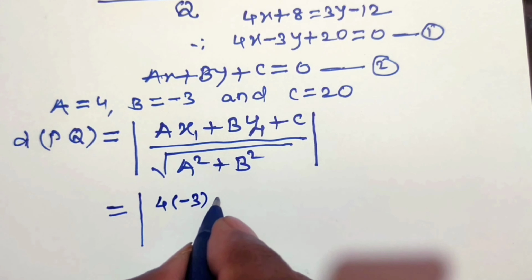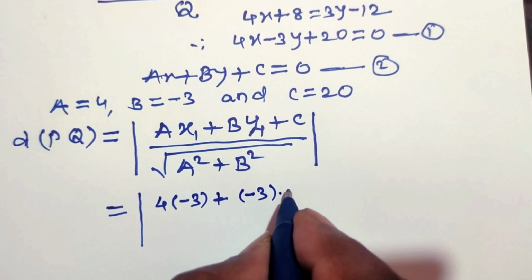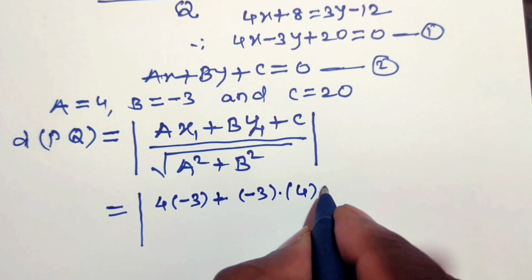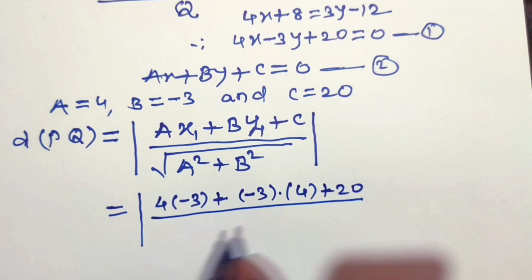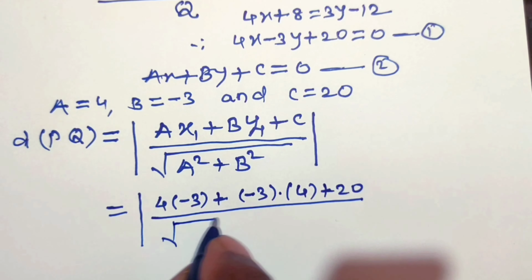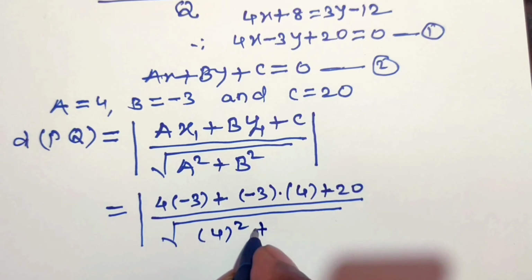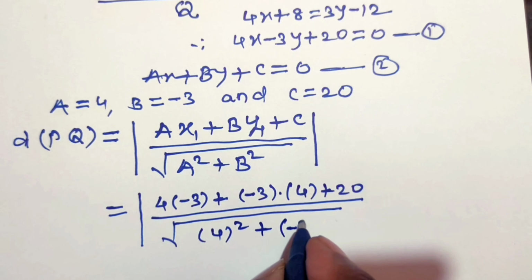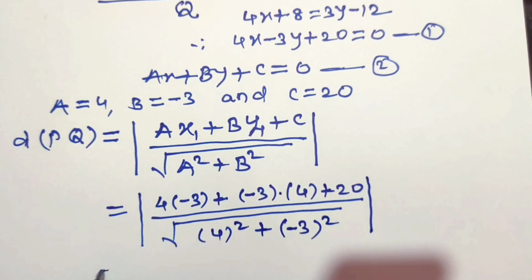Hence, distance PQ is equal to, in modulus sign, 4 into bracket minus 3 plus minus 3 into 4 plus constant 20, divided by square root of a square, means 4 square, plus b square, means minus 3 square.